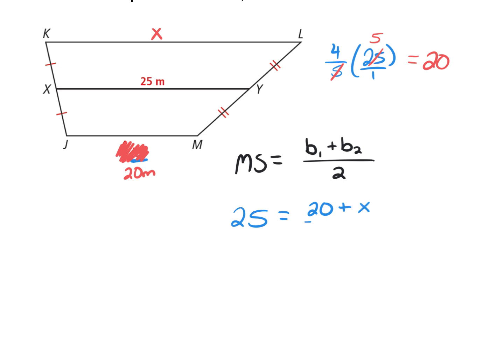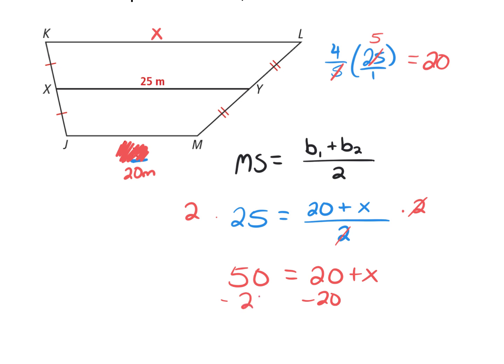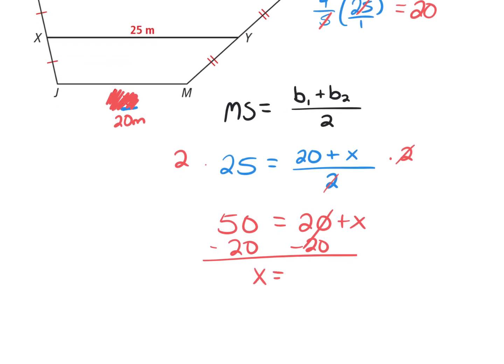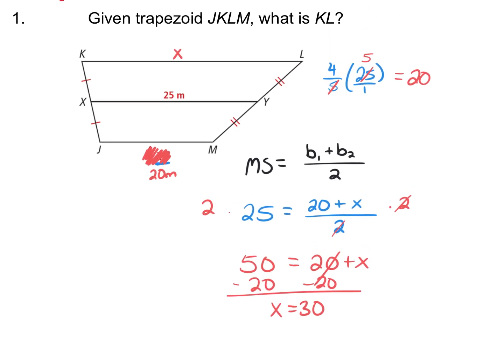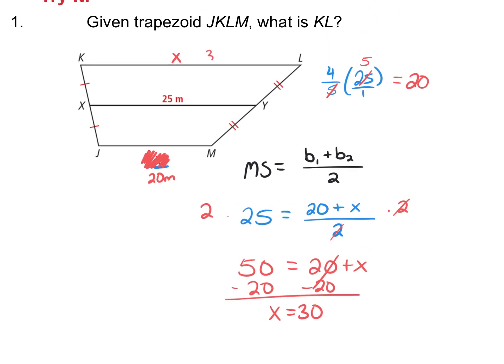And then we have divided by 2. Do we like fractions? No, get rid of them. How do I do it? Multiply by 2 on both sides. 2 times 25, 50 equals x plus 20. And then how do I solve? Subtract 20. So we get x equals 30. What did that just give us? That gave us our other base.